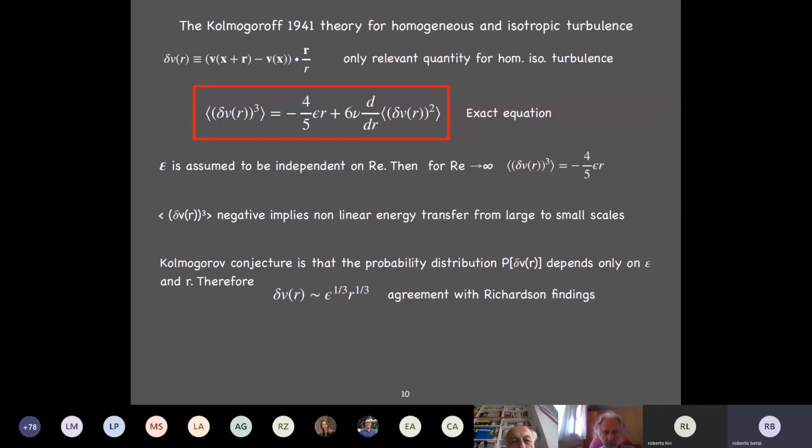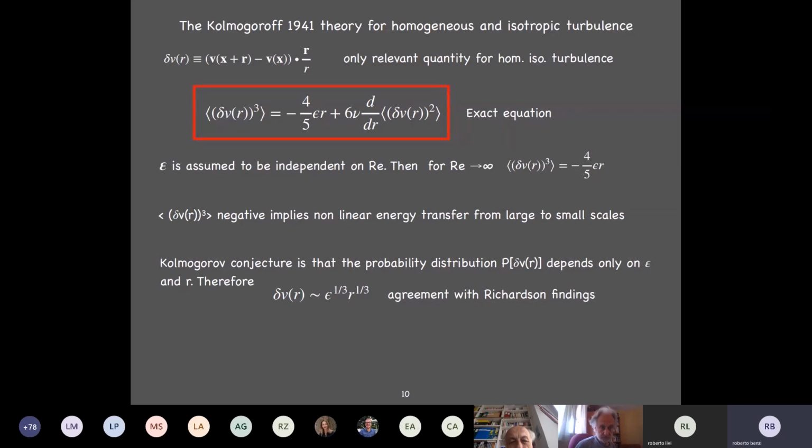But Kolmogorov was the first to make this statement. So when you are at very large Reynolds numbers, this quantity is finite, and this can be discarded because the viscosity effect is proportional to 1 over Reynolds number, and so you reach the conclusion that when the Reynolds number is large, you should observe a scaling law like this, with a third order moment of the velocity difference proportional to r and the minus sign here.